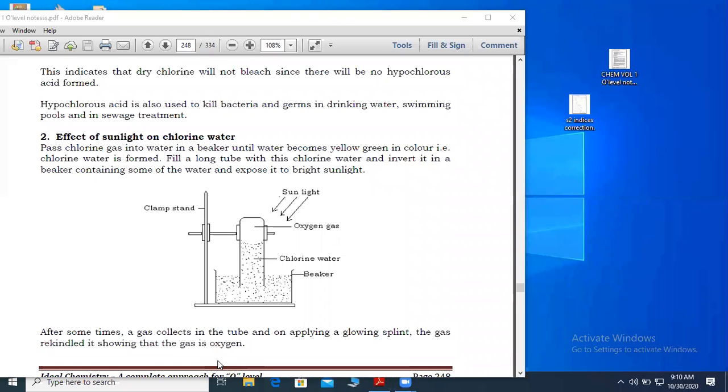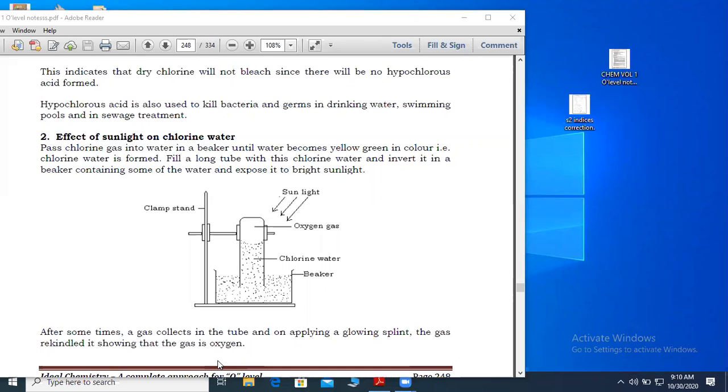Those who wrote bubbles, I gave them the full mark. You get that? So when there is a gas that has been given out and there is water or any solution somewhere, and we ask for the observation, it is bubbles of a colorless gas or effervescence. The word effervescence is just a substitute for bubbles. The two mean the same thing.